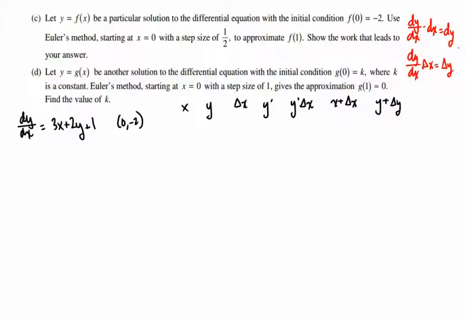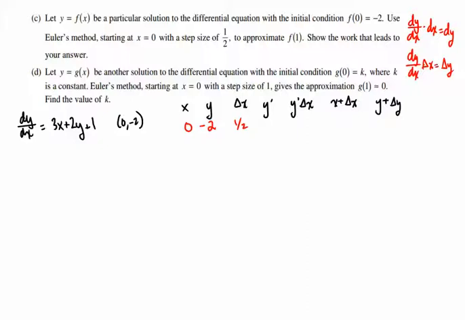So here we go. We have the original x value is 0, y value is negative 2, and we're starting at x equals 0, and we're given the step size of 1/2.